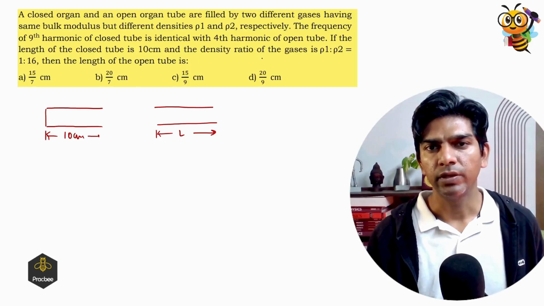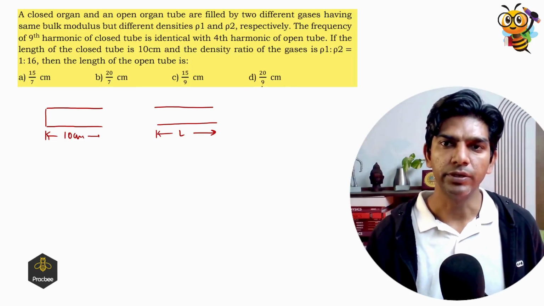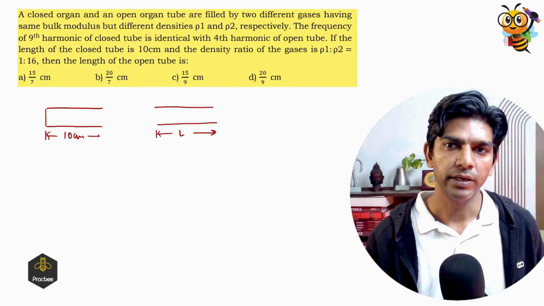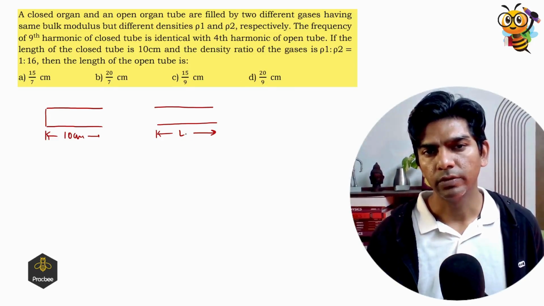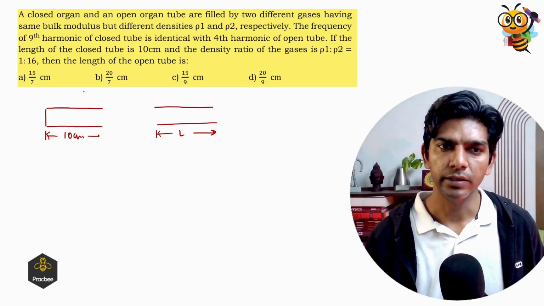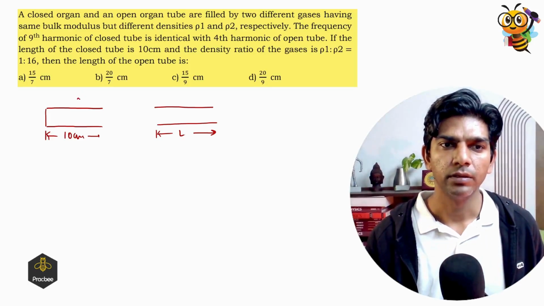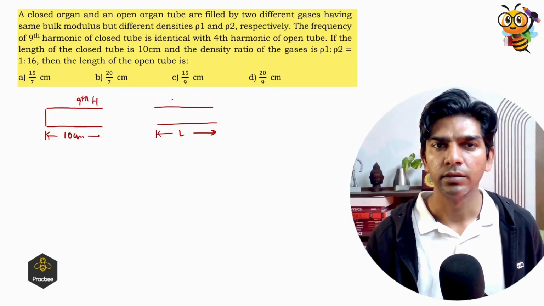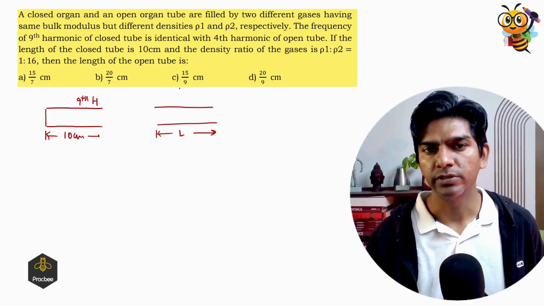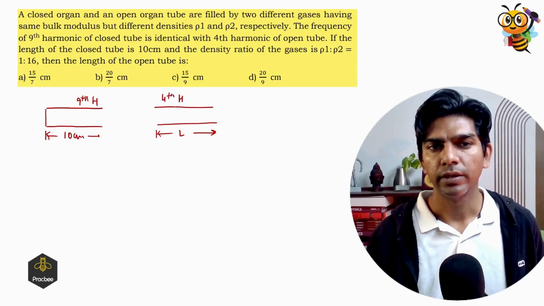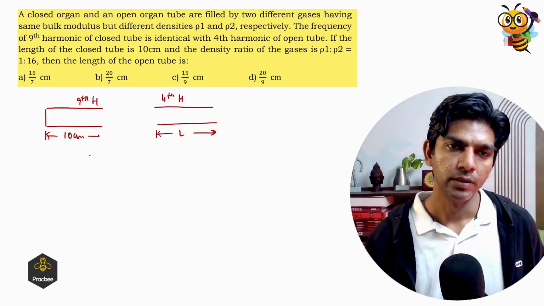We are given the ratio of densities of the medium, rho 1 by rho 2 is 1 by 16. Then we have to calculate the length L of the open organ pipe. The closed tube is resonating in the ninth harmonic, and the open tube is resonating in the fourth harmonic, and their frequencies are equal, right?